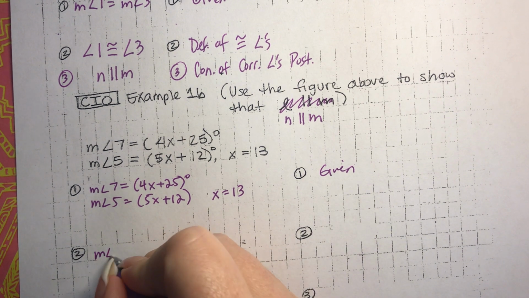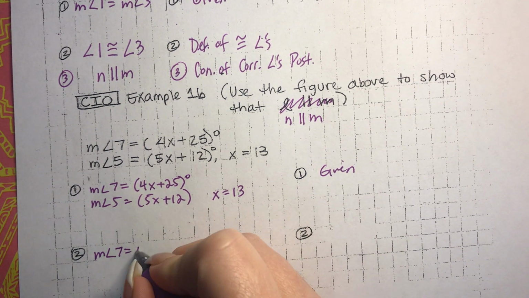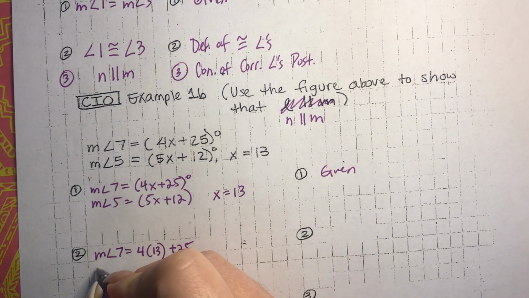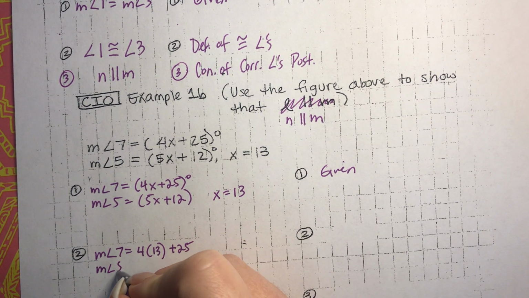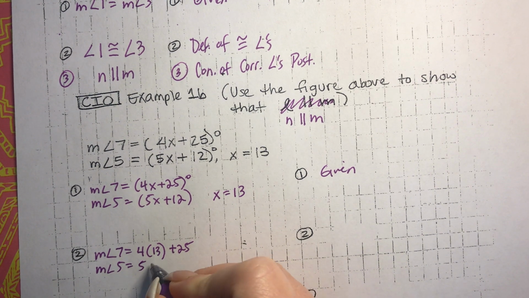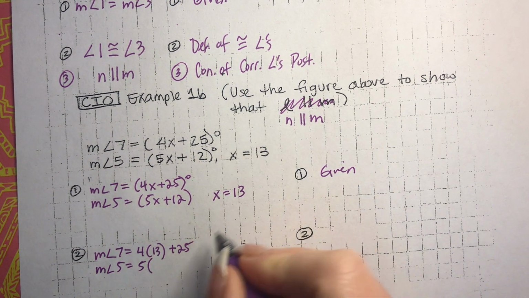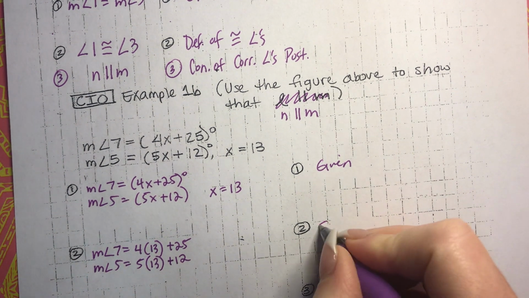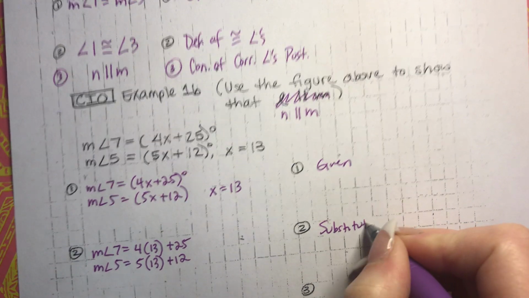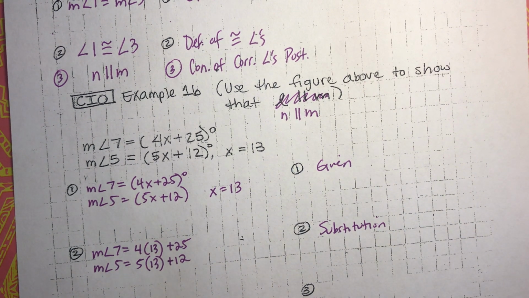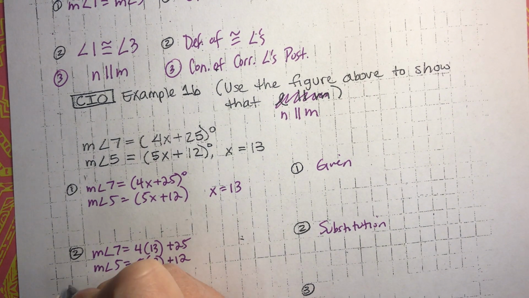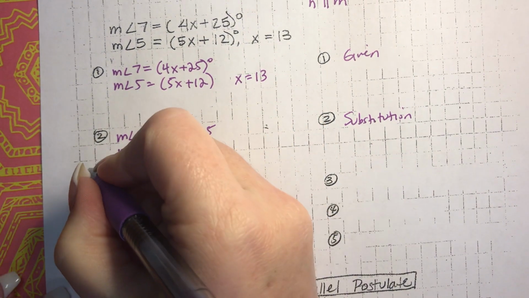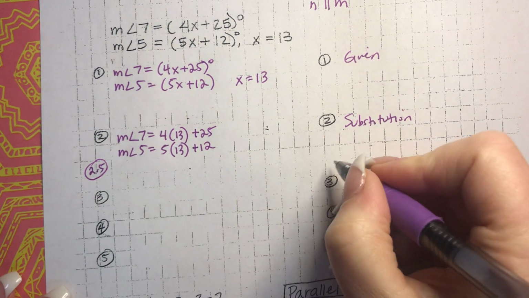So measure of angle 7 equals 4 times 13 plus 25. Measure of angle 5 equals 5 times 13 plus 12. That's just substitution. I'm going to make a 2.5 and a 2.5 here because I think there's a chance I could run out of room.